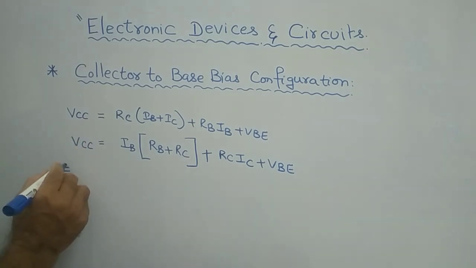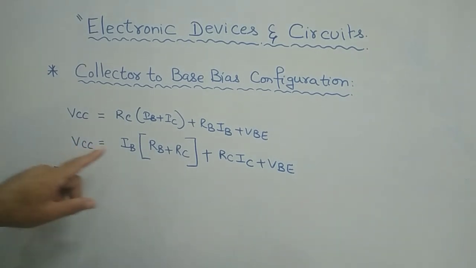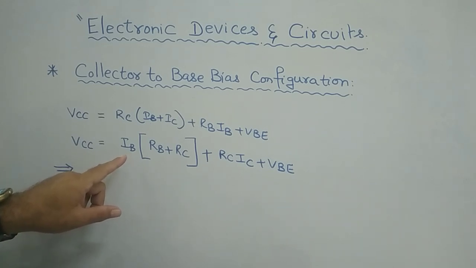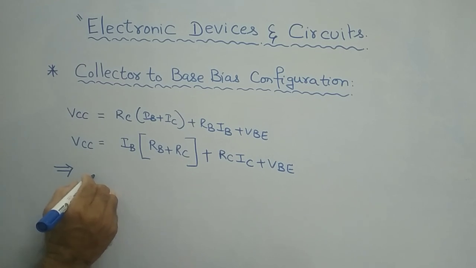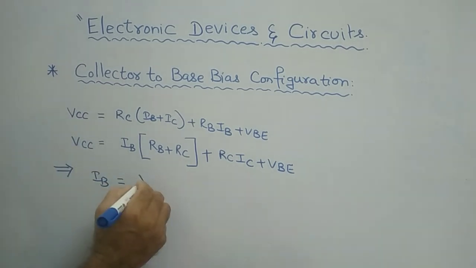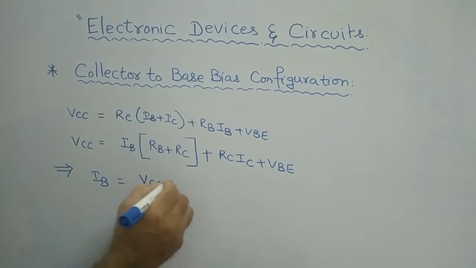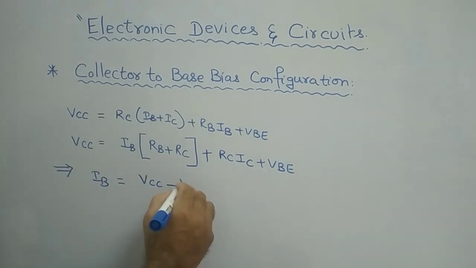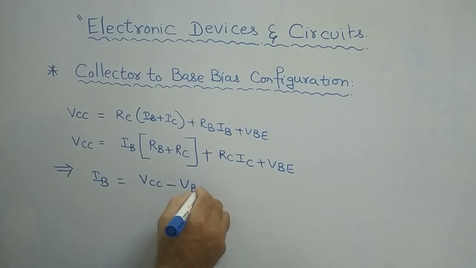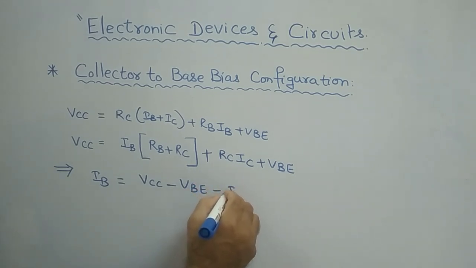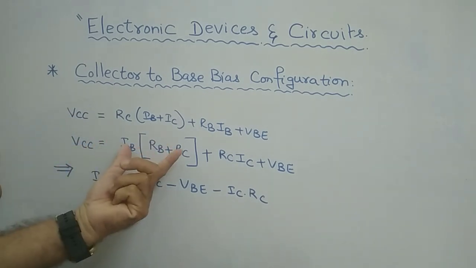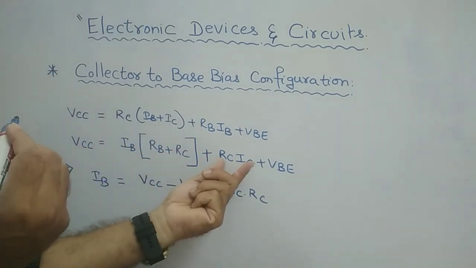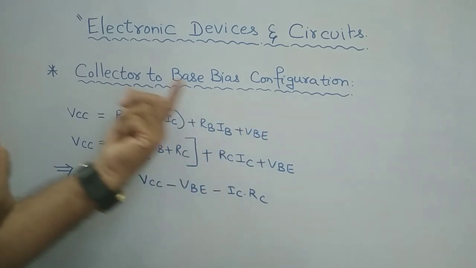This implies further, bring the relation for IB. Therefore, if you write the expression for IB, IB is equal to what actually? VCC minus VBE, clear, minus IC into RC, means that I need for IB. Therefore, bring this RC IC plus VBE, these two terms, to the left side.